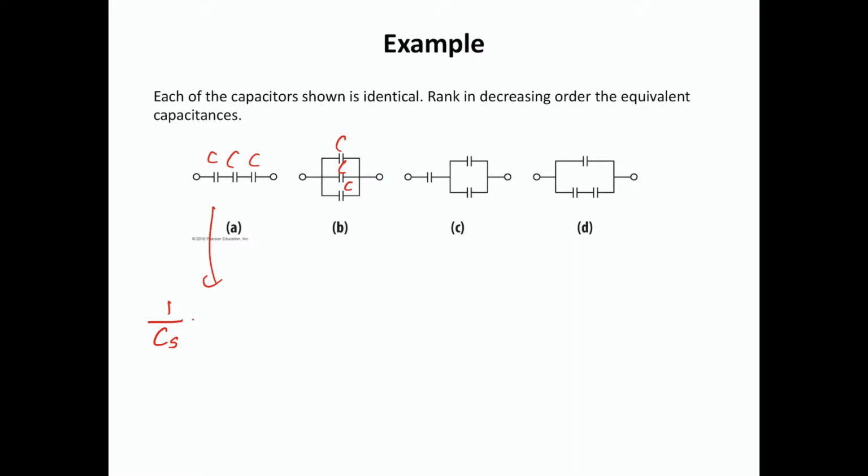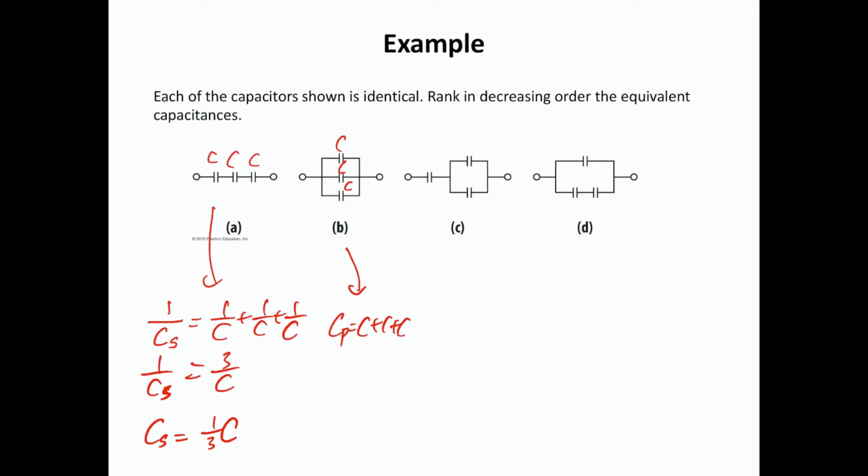So 1 over CS is 1 over C plus 1 over C plus 1 over C, so it's 3 over C. So the overall equivalent is 1/3 of this one. All right, how about the second one? The C's are in parallel, of course, C plus C plus C, so you got 3C.